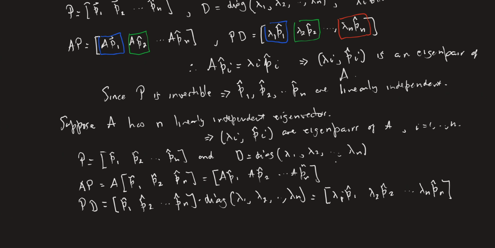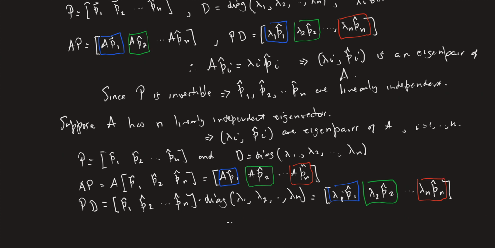And since these are eigenpairs, we know that these two are equal. So again, what we have matched up is this is equal to this, and then this is equal to this, and then finally, this is equal to this.